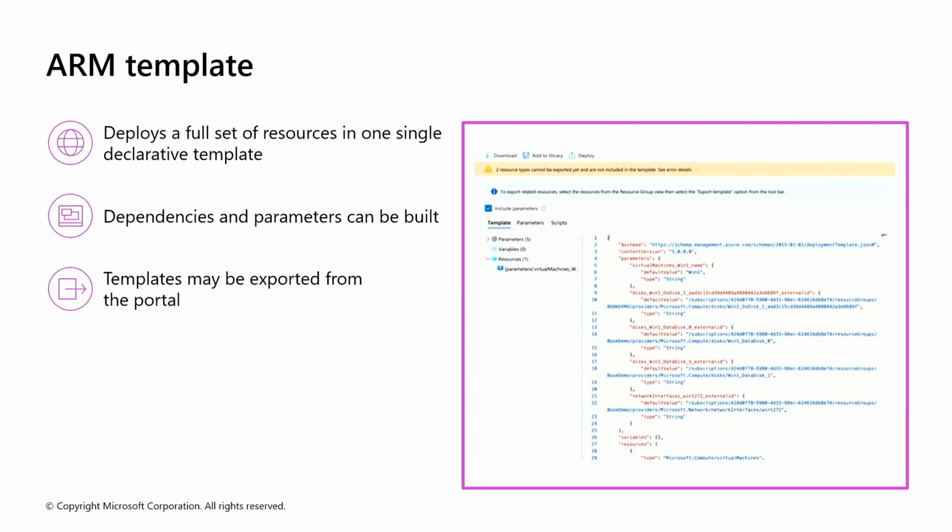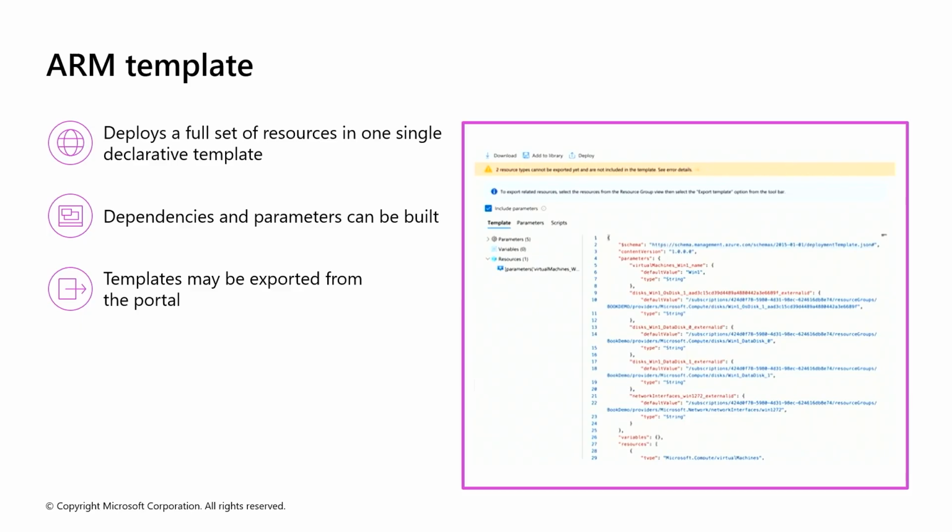Azure Resource Manager or ARM templates are a powerful declarative tool for deploying complete sets of Azure resources in a single, consistent operation. Unlike imperative models such as PowerShell or Azure CLI that require step-by-step instructions, ARM templates define the desired end state of the infrastructure, and the Azure platform determines how to achieve it.